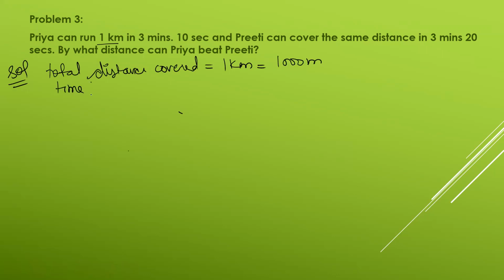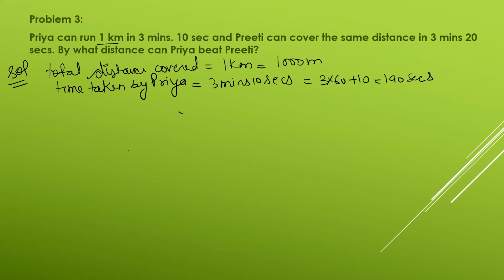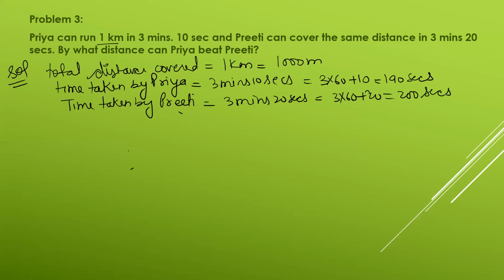So time taken by Priya is equal to 3 minutes 10 seconds, which can be written as 3 into 60 plus 10, which is 190 seconds. And time taken by Preeti is equal to 3 minutes 20 seconds, which can be written as 3 into 60 plus 20, which is equal to 200 seconds.